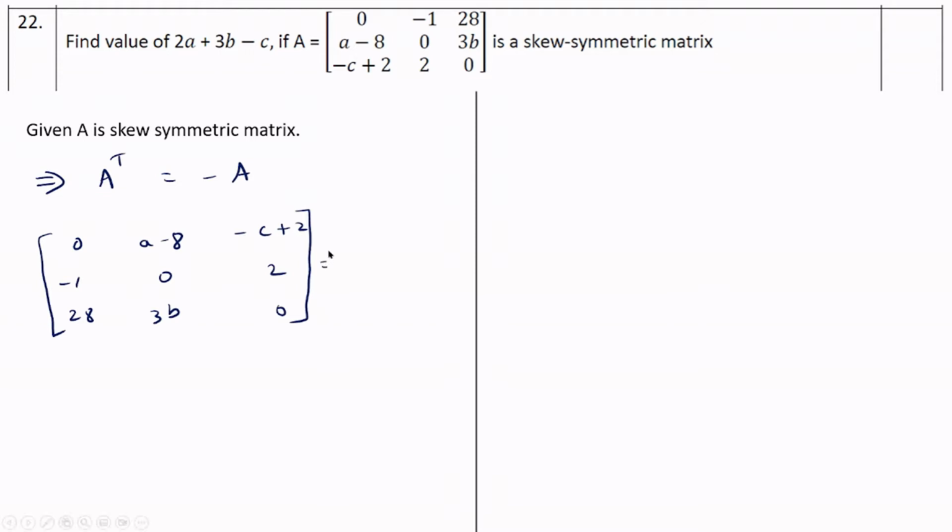It is equal to minus A. So it will be 0, minus of minus 1 is plus 1, then minus 28. Here we have minus of a minus 8, then 0, minus 3b. Then here we have c minus 2, then minus 2, 0.